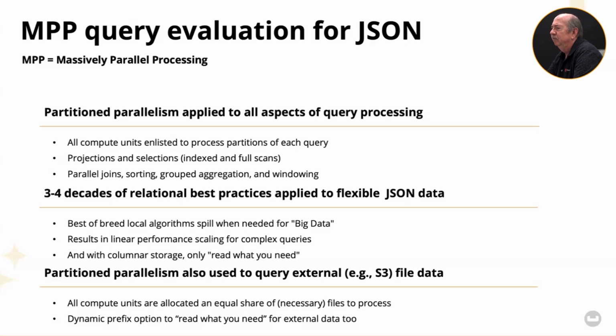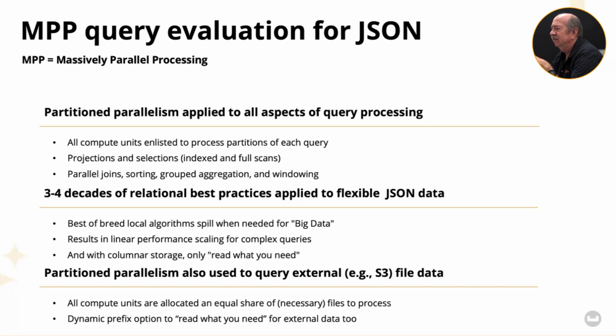So the idea is you have a bunch of nodes in a cluster that are working together to compute the answer to a query. Let's call those compute units. And when you run a query in Capella Columnar, all the compute units in your cluster are enlisted to process your query against partitions of your data. And I'll show you a picture of that in a little while as well.